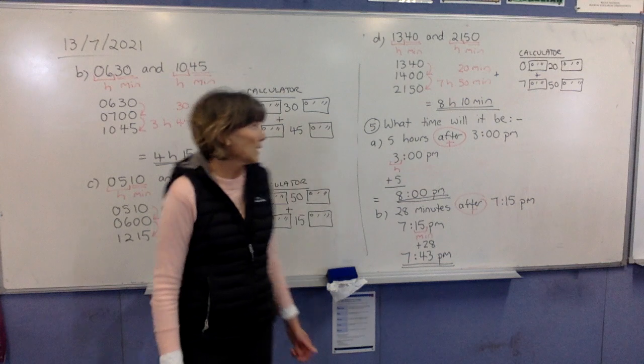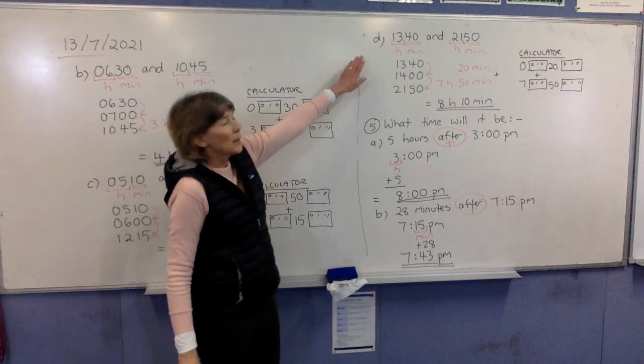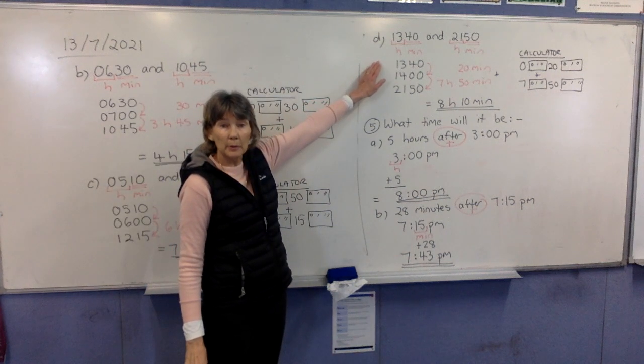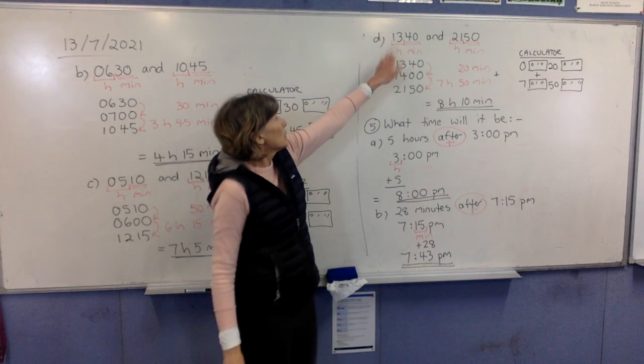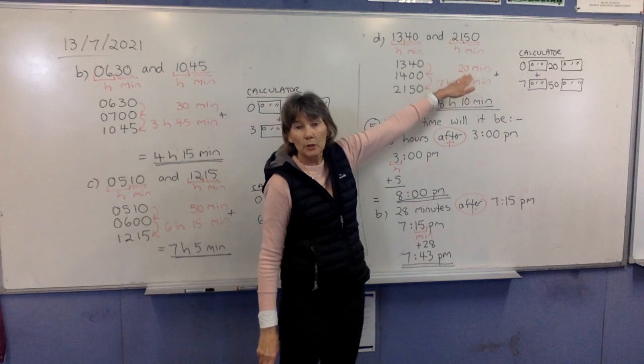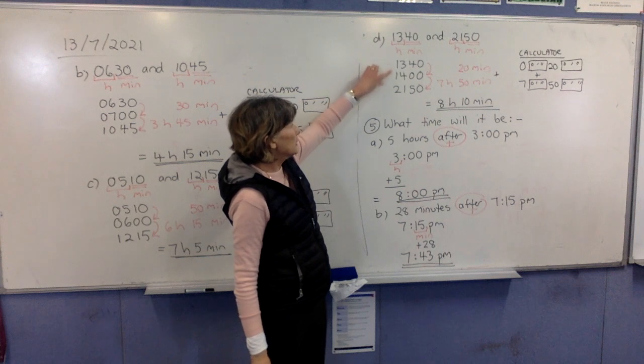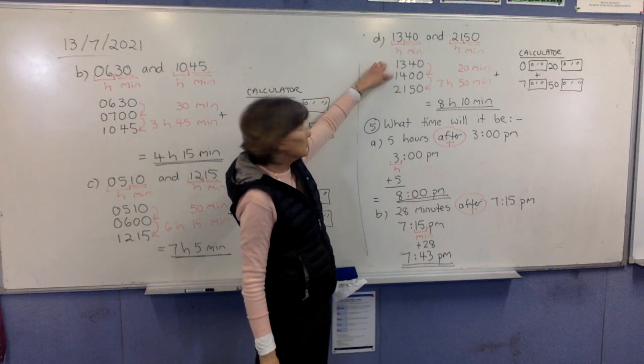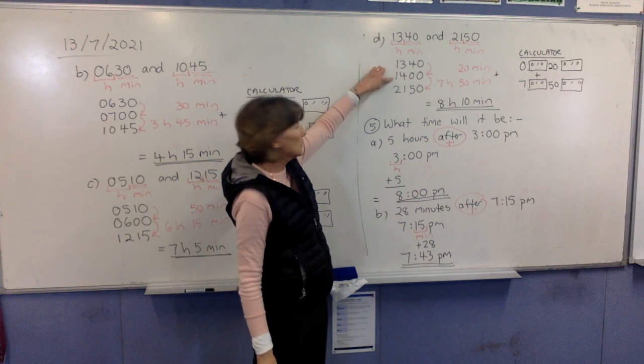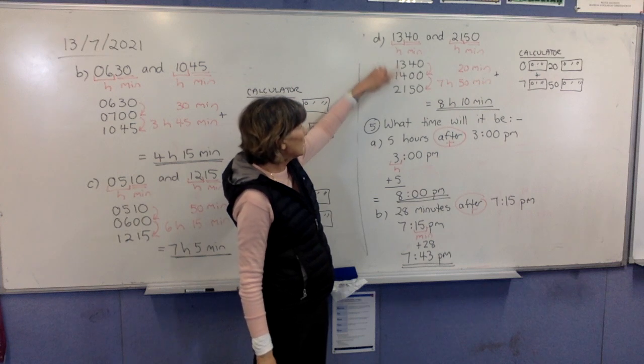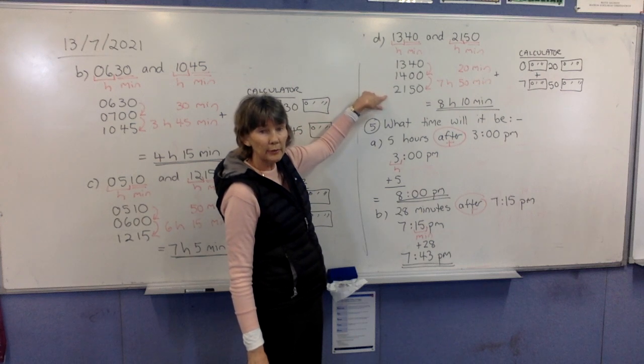Okay, another example. So again, remember it's 24-hour time, so we're past 12 already here. It's 13:40 up to 21:50. So we go to the nearest hour, 13 jumps to 14, so it's 14:00. Then we go straight to our finish time, 21:50.